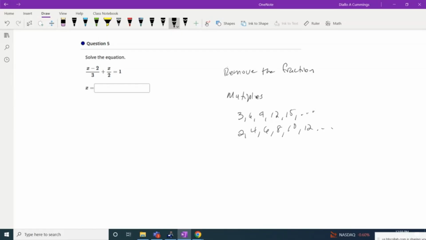That keeps on going. We want the least common multiple. So if I look at all of my multiples, the smallest multiple that's common to both would be 6. So that's my least common multiple, 6. So I want to multiply the left-hand side and the right-hand side by 6.